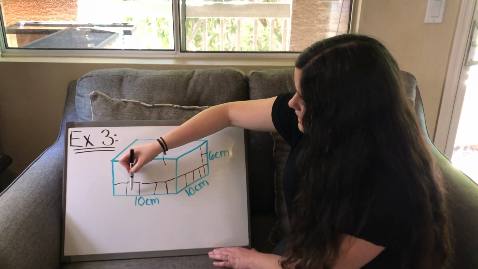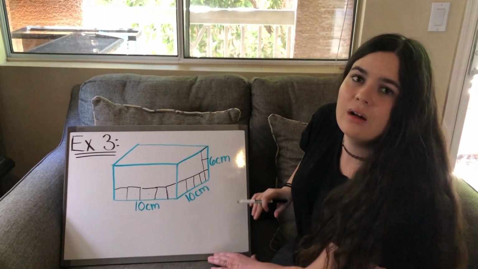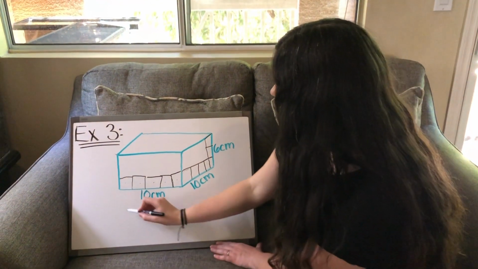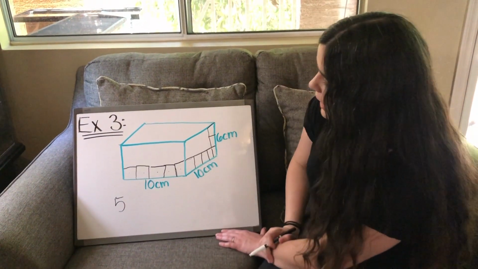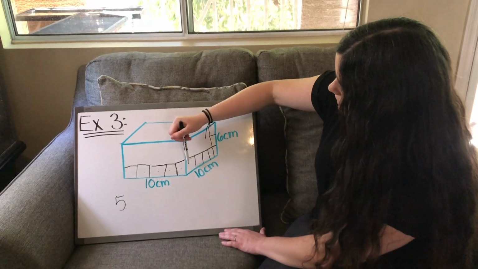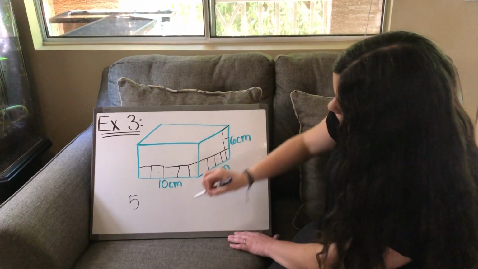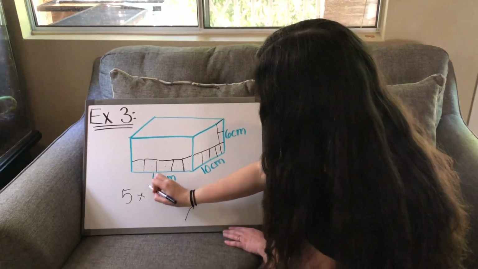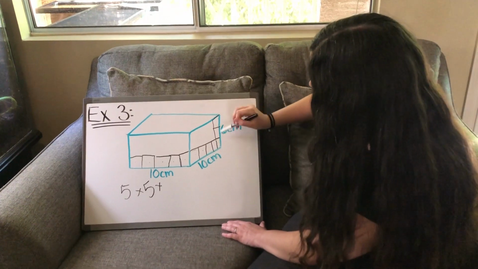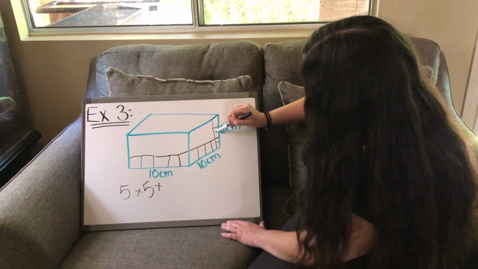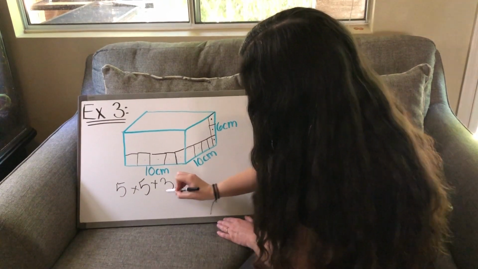So if we need 1, 2, 3, 4, 5 here, our new length that we're going to use is 5 times our width, which we have 1, 2, 3, 4, 5 cubes along our width, times our height, which we have 1, 2, 3 cubes stacked on top of each other for our height.